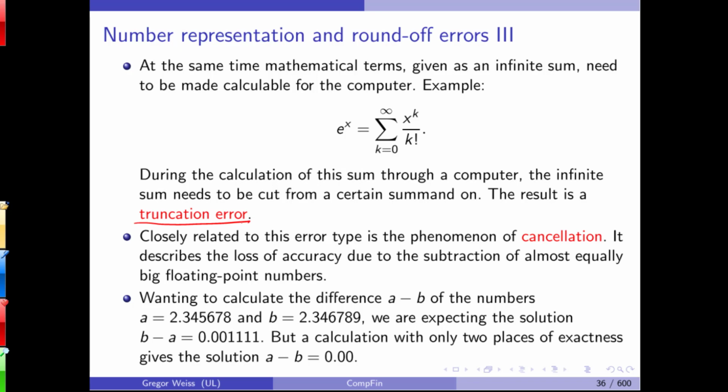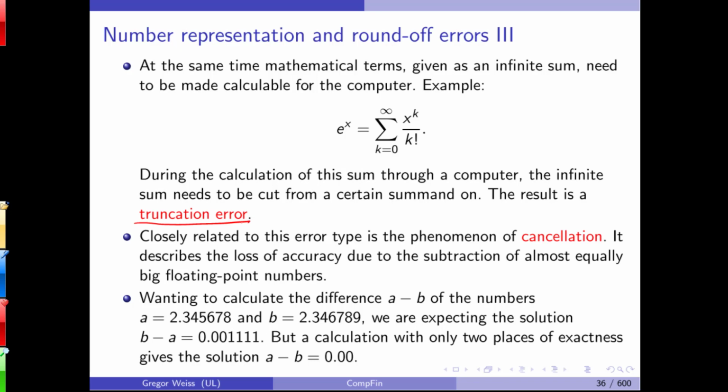Cancellation is what? You have two numbers that are close in absolute magnitude, but differ in sign. For example, 123.4 minus 123.5.